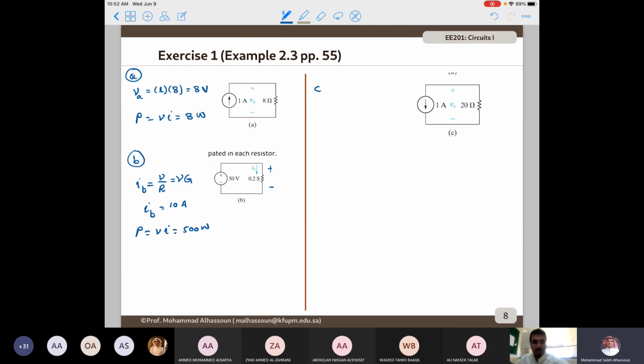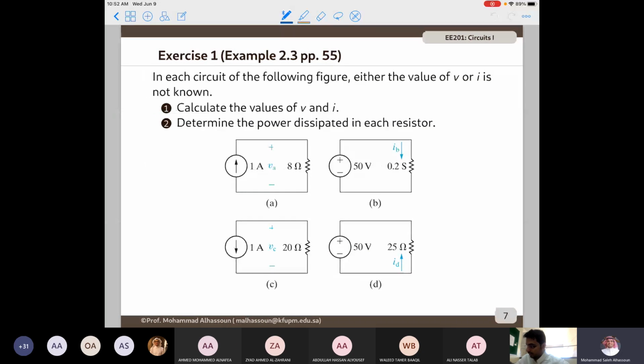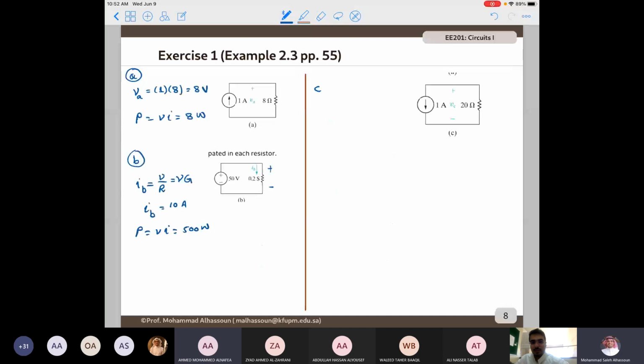We're talking about the power generated by the voltage source, but here we're interested in the power dissipated in each resistor. So the 500 source is actually generating power, and the resistor is actually dissipating. Okay, thanks.